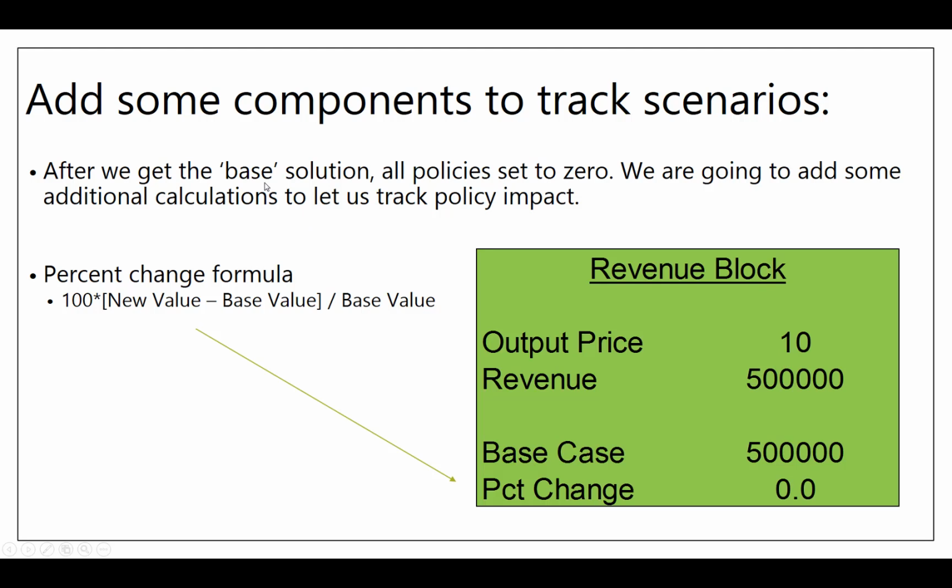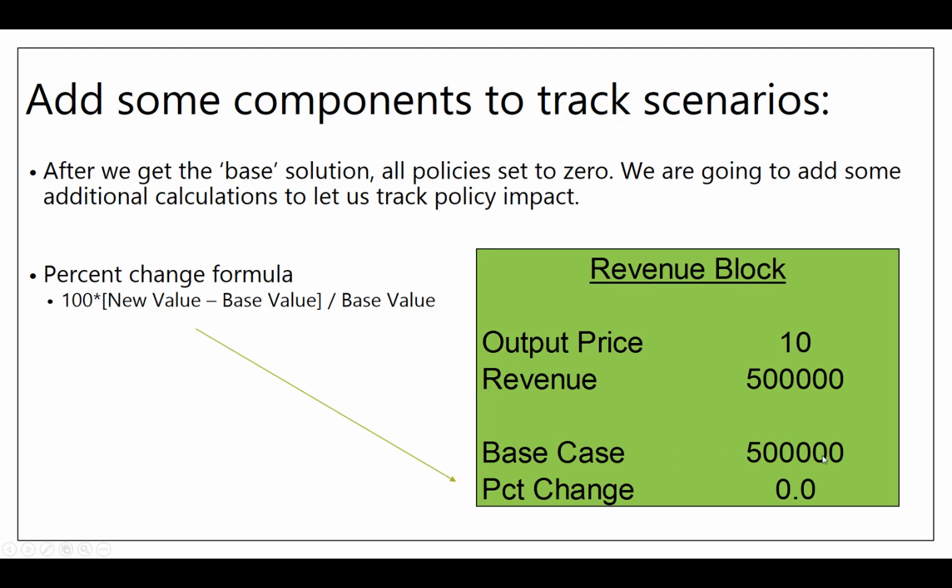But after we solve the initial solution, we're going to take that base case and record it, and then for all of our policy scenarios, where we actually introduce some policy variables, some subsidy rates, we're going to need to add this sort of tracking to the revenue block and the cost block.